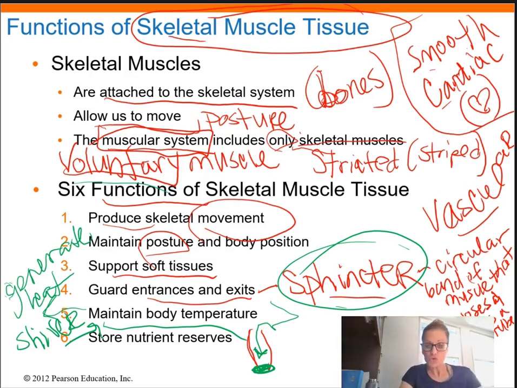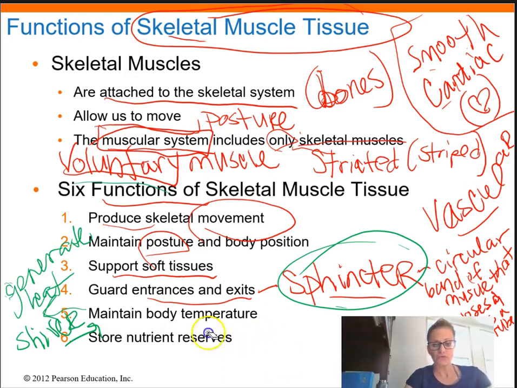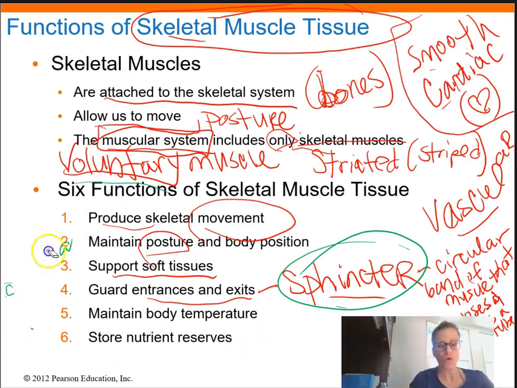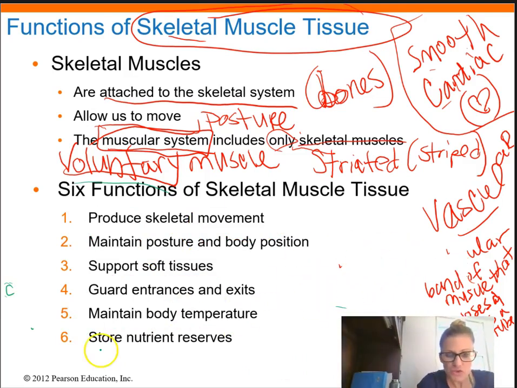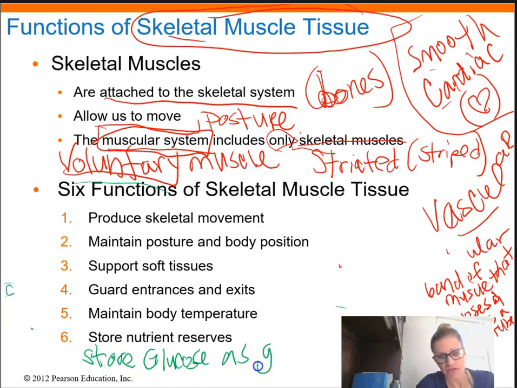Finally, we store some nutrient reserves in our muscle fibers. We store glucose as glycogen.